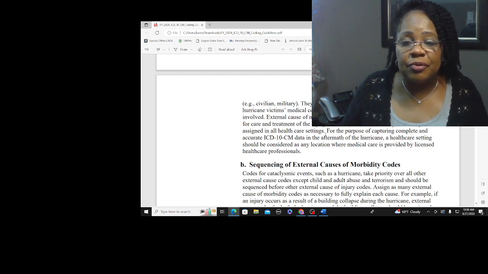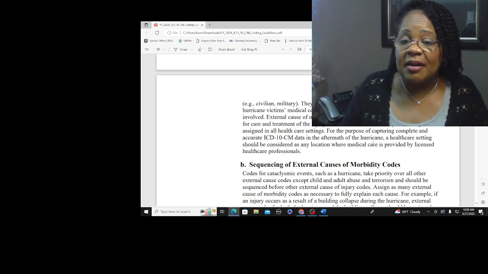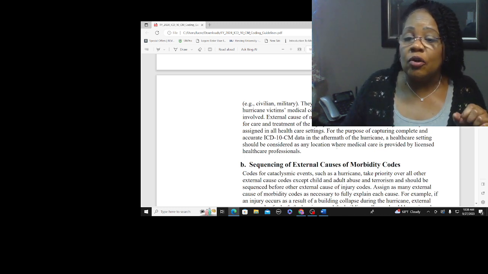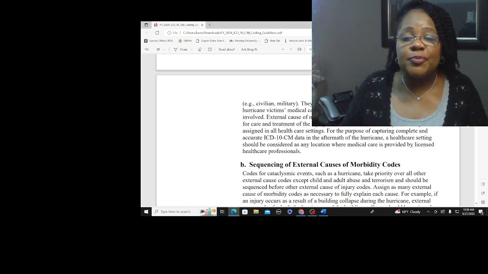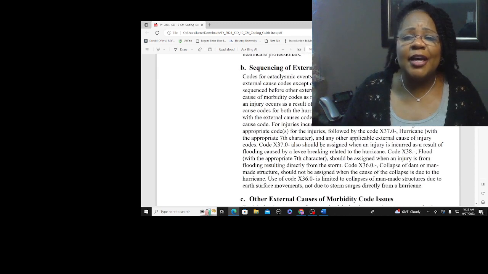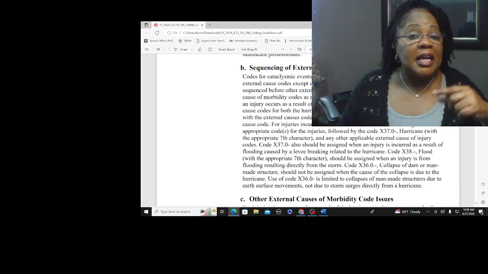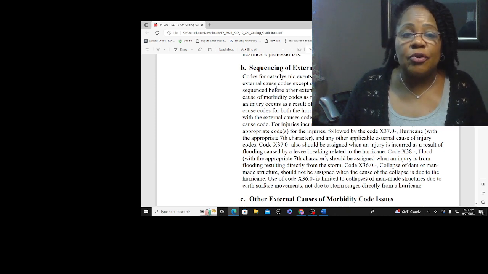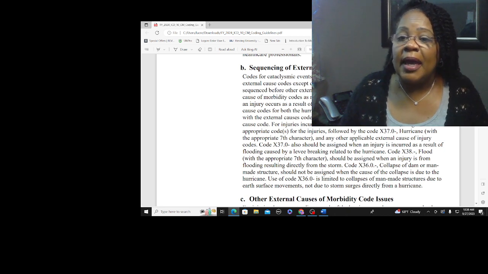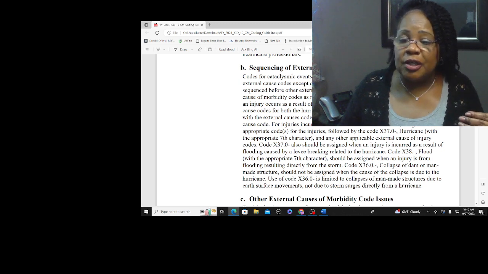For the purpose of capturing complete and accurate ICD-10-CM data in the aftermath of the hurricane, a healthcare setting should be considered as any location where medical care is provided by licensed healthcare professionals. And how do we sequence these? Codes for cataclysmic events such as hurricane take priority over all other external cause codes except child and adult abuse and terrorism, and should be sequenced before other external cause of injury codes.